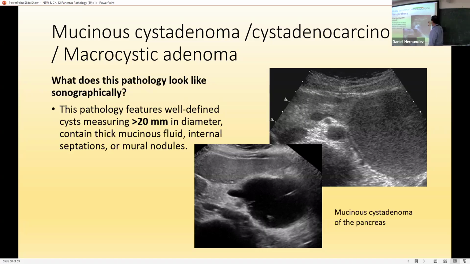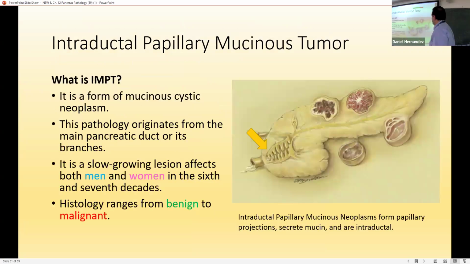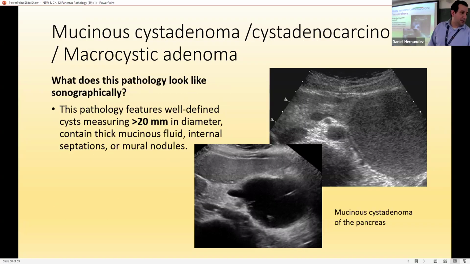It might be a little more hypoechoic because it's mucus, a thicker fluid than simple serous fluid. Unfortunately, again, these can potentially become malignant.